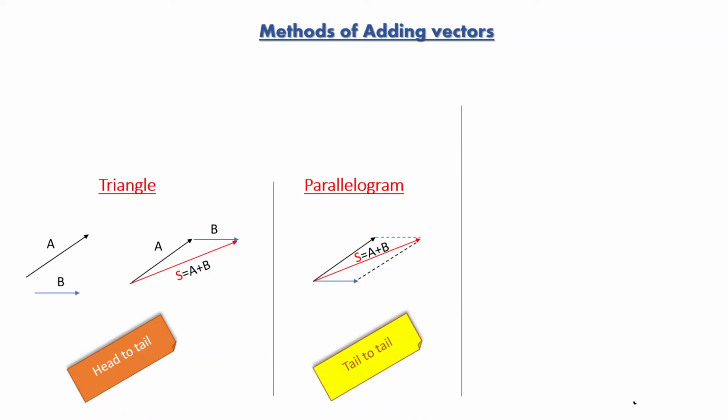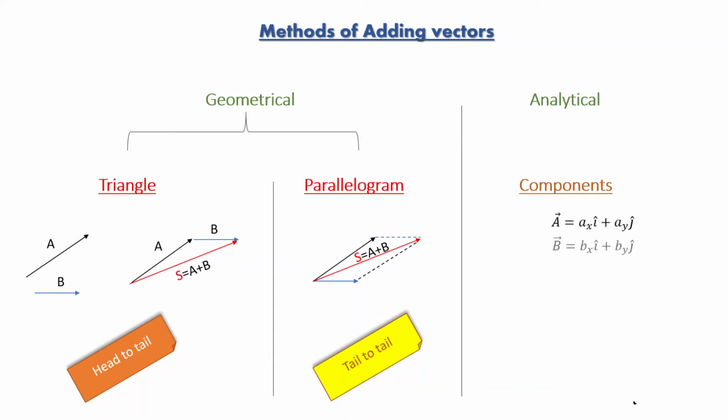This is the main difference between these two graphical methods. We call them geometrical methods because you use drawing to find the sum. But there is another method that is analytical. In this analytical method, you just directly add components of vectors to each other. What are components?